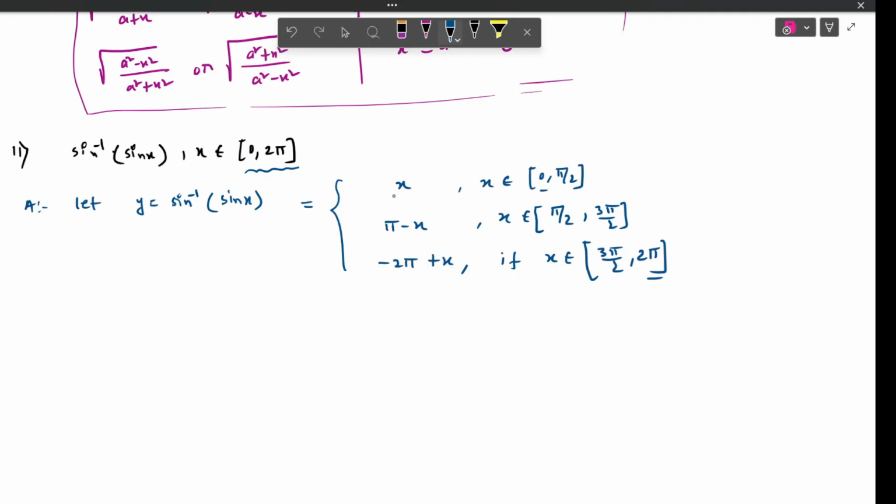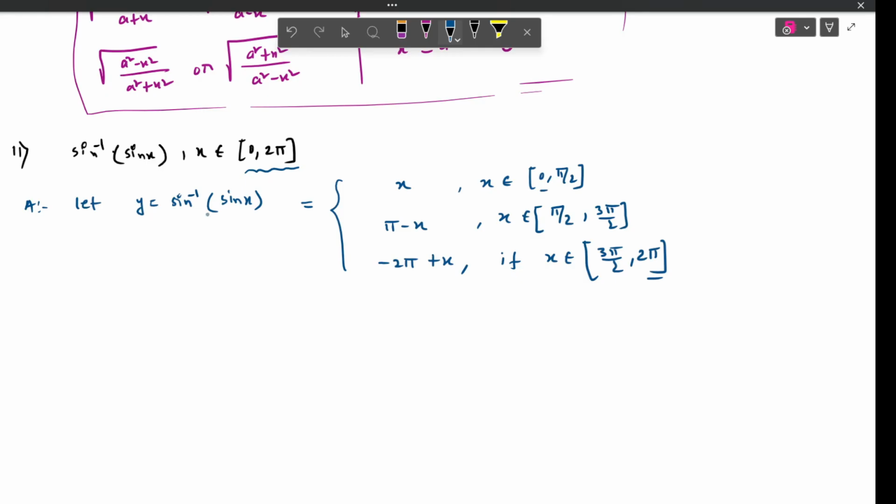If it is 0 to pi by 2, then it will be x. If it is pi by 2 to 3 pi by 2, then it will be pi minus x. And if it is 3 pi by 2 to 2 pi, then it will be minus 2 pi plus x. You have to remember this, otherwise the differentiation would be very difficult. You have to differentiate y with respect to x.